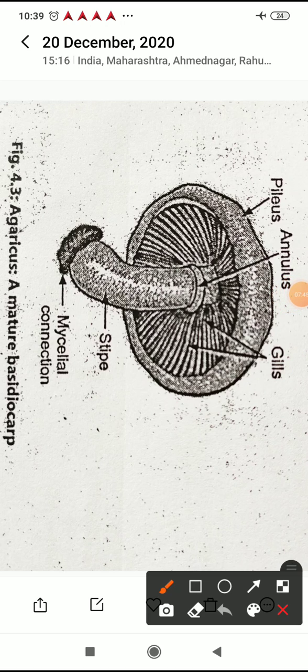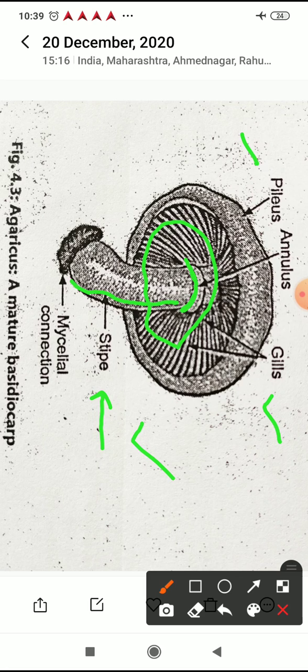See here one more picture of a mature basidiocarp. The rhizomorph-like body is responsible for the formation of the stipe. The stipe elongates and bears the upper portion, which is called the pileus, and the pileus on its underside bears gills. The arrangement of gills you can observe over here, and the detached portion of the velum is here.